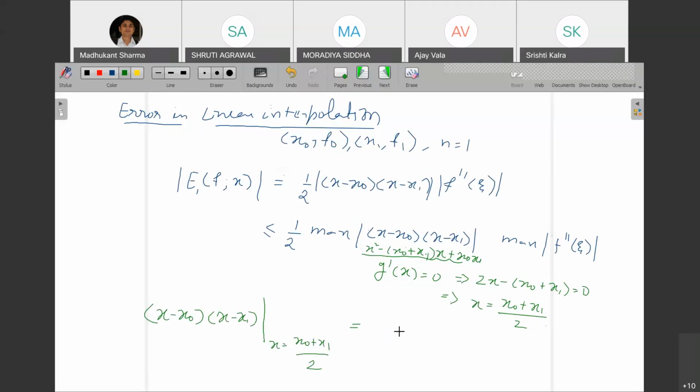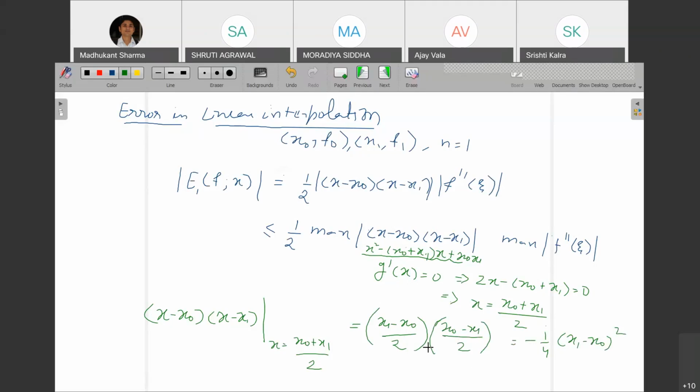x1 minus x naught by 2. That is the first term when you replace x by x naught plus x1 by 2, and the second term will be x naught minus x1 by 2. So that is equal to minus 1 by 4 times x1 minus x naught square.